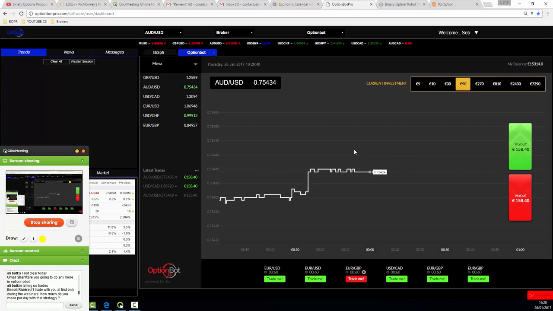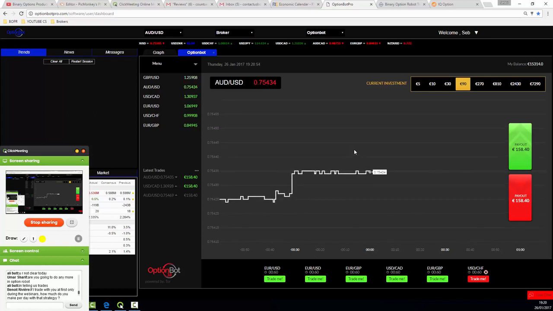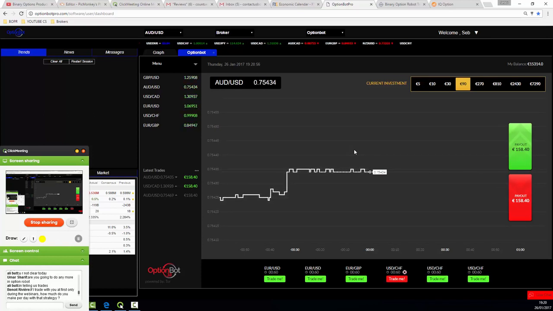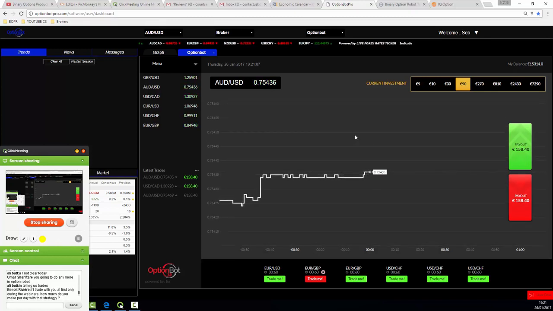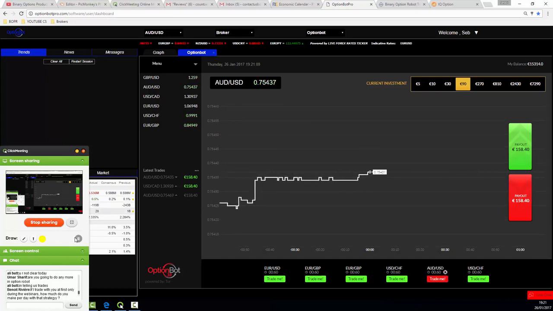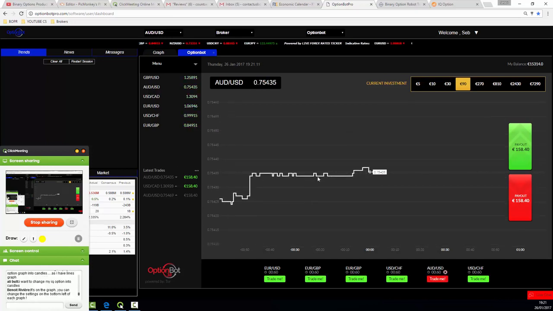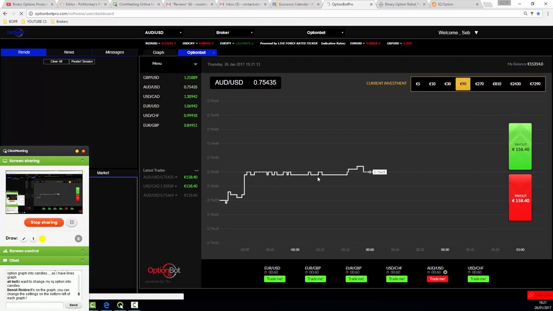No, because that's pure profit. But I did lose 1 trade, so take away 100. So in this one trading session, I've made €196. But that is because I'm doing €100 trades, or OptionBot's close to €100 trades.